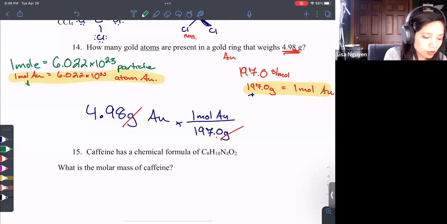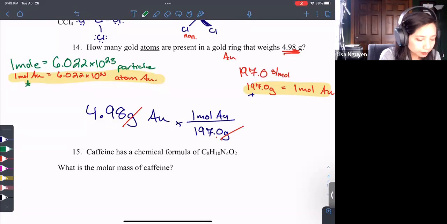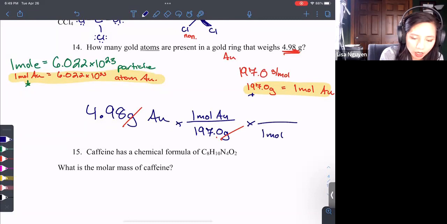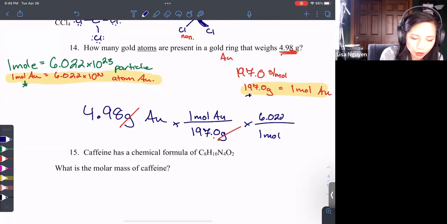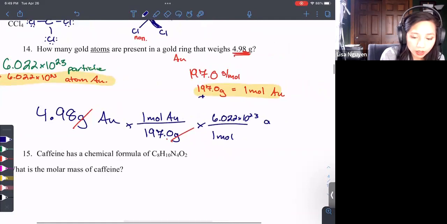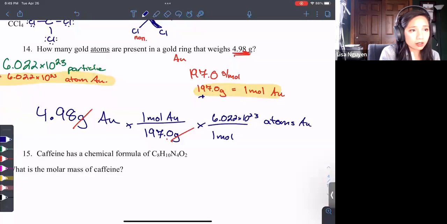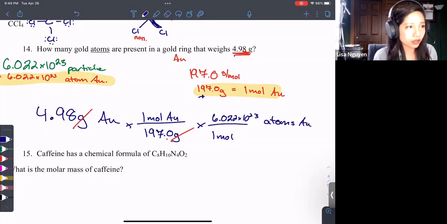So now I can use my Avogadro's number, where I put the 1 mole amount on the bottom and 6.022 times 10 to the 23 on top. So do know, this is the unit of atoms of gold. I urge you to practice using scientific notation on your calculator so you get the right answer.